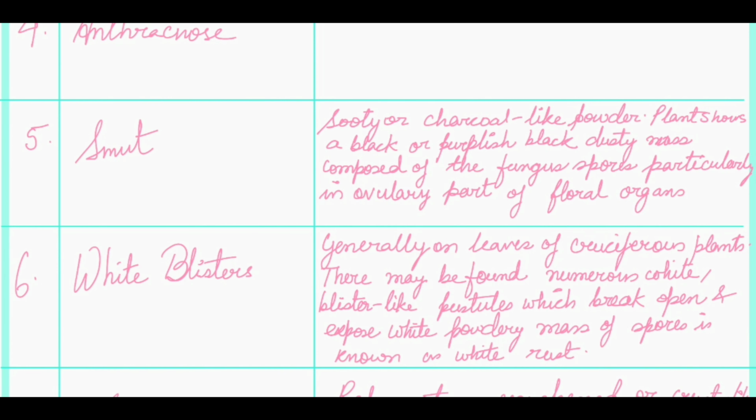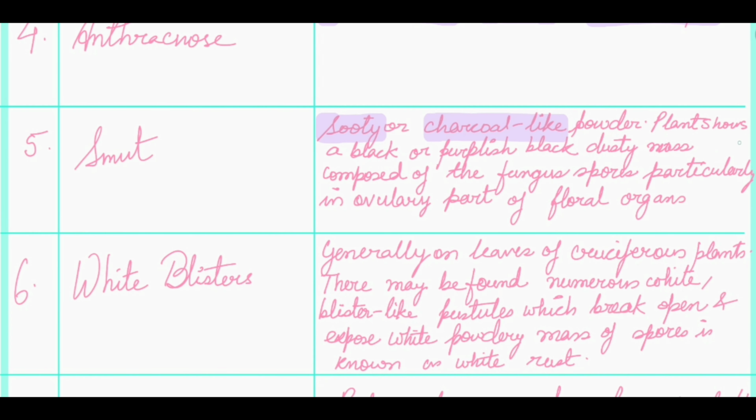Next is smut. The characteristic is sooty or charcoal-like powder. Sooty or charcoal-like powder means black color. The plant shows a black or purplish black dusty mass composed of the fungus spores, particularly in the ovulary part of the floral organs.